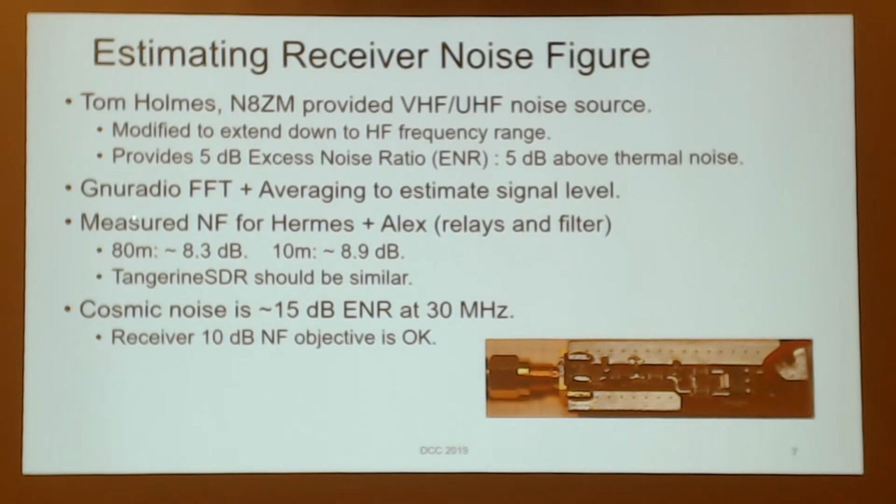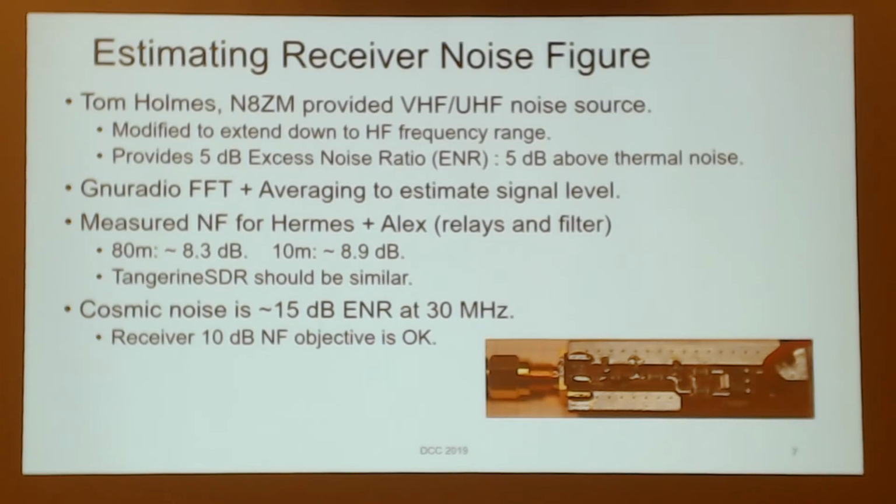So I set it up to measure the noise figure for a Hermes module with an ALEX module. For the Hermes module, my estimate was it would have a noise figure of about 6.5 dB. And then with the ALEX module, you go through actually 6 relays between the antenna connector and the RF connector over to the Hermes, and you go through some 5-section low-pass filters.